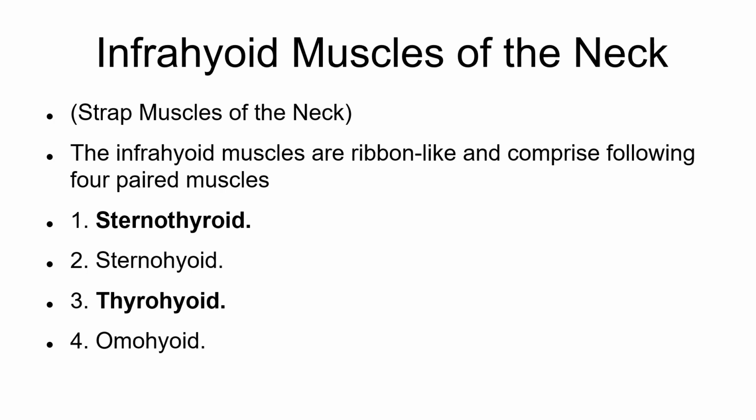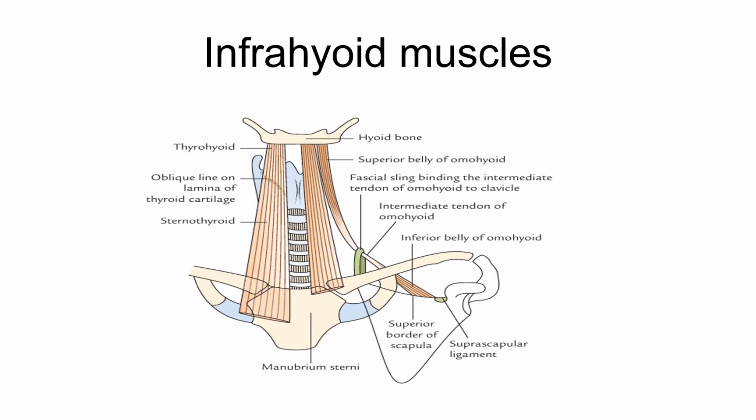So two of them are also extrinsic muscles of the larynx, which is sternothyroid and this one thyrohyoid. Here you can see this long muscle which is going from the manubrium sterni up to the hyoid bone. This one is the sternothyroid muscle, and it is very ribbon like, that's why it is called a strap muscle.